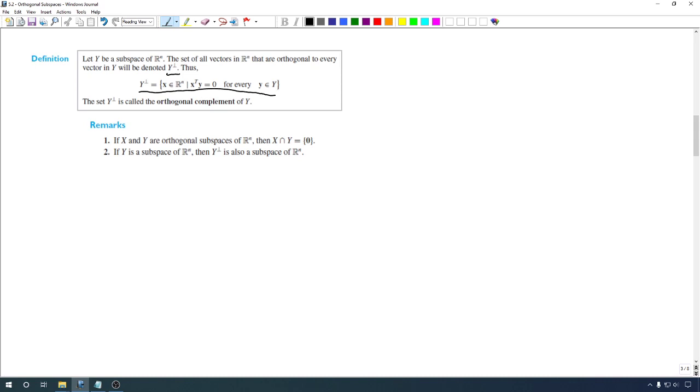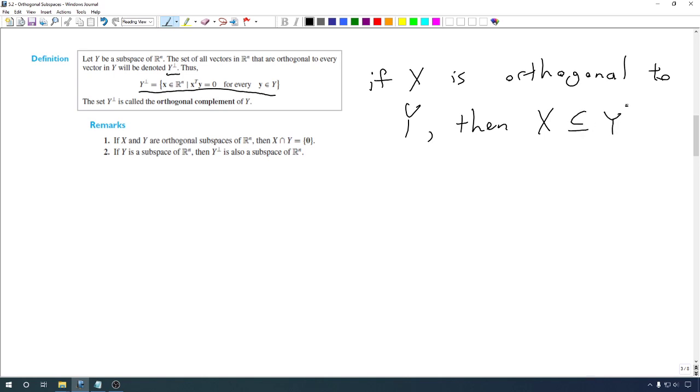It's the biggest subspace of Rn that is actually orthogonal to Y. In fact, I should say that if X is orthogonal to Y, so X and Y here being subspaces, then X is a subset of Y perp. It's a very useful fact.